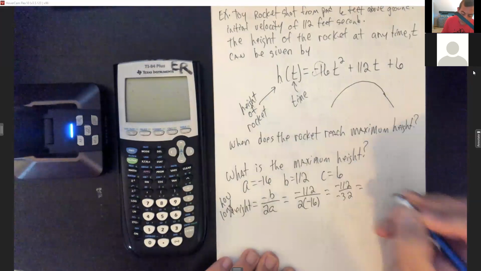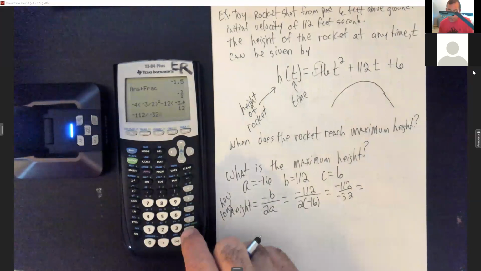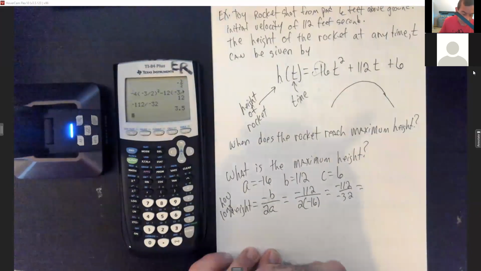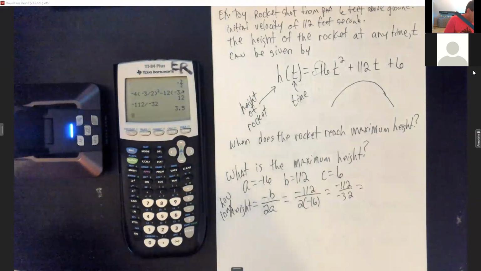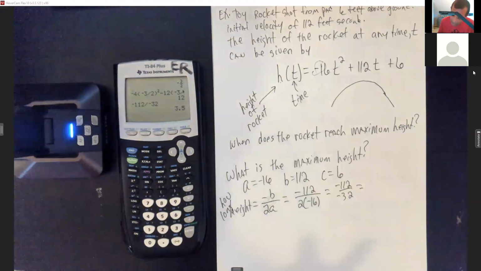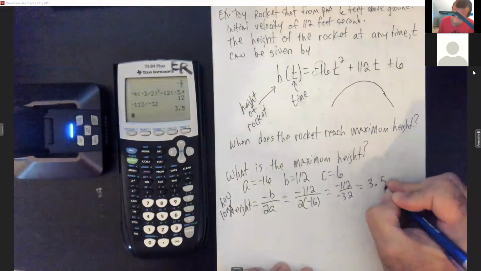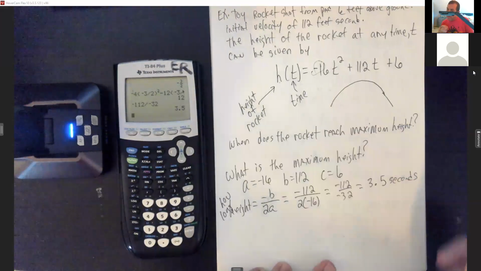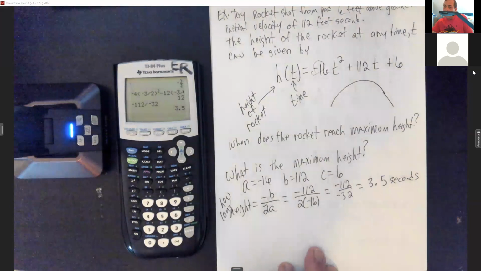Negative 112 divided by negative 32. 3.5, so let me see how they want these. So it looks like they just want decimals on these. So that would be 3.5 seconds. So that's pretty quick, but after 3.5 seconds, my rocket will reach maximum height.